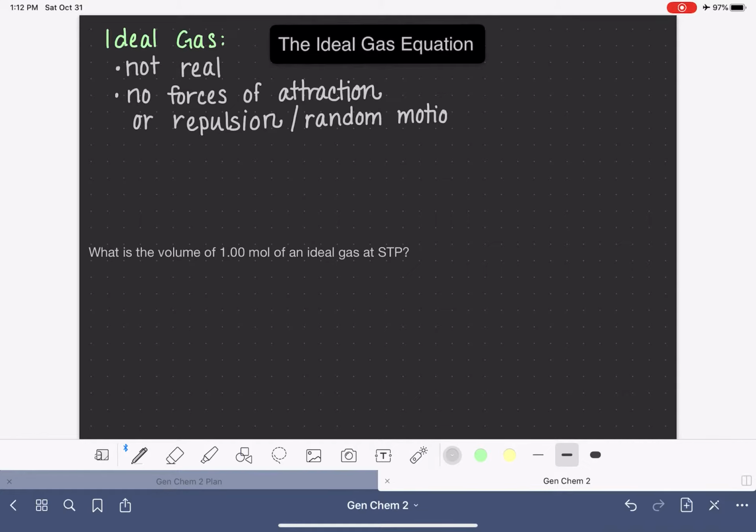The second assumption that we make when we describe a gas as being ideal is that it has perfect collisions. This is something that we talk about in physics. A perfect collision is one where, when two objects collide with each other, the force of that collision does not result in the loss of energy through sound or friction or heat or anything like that.